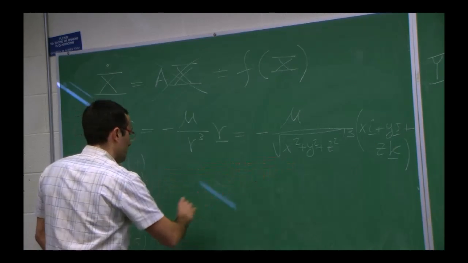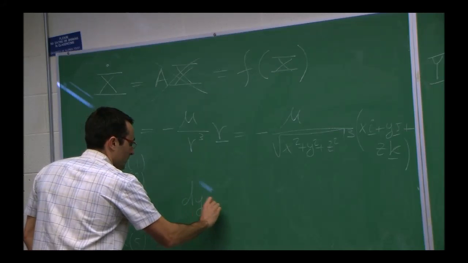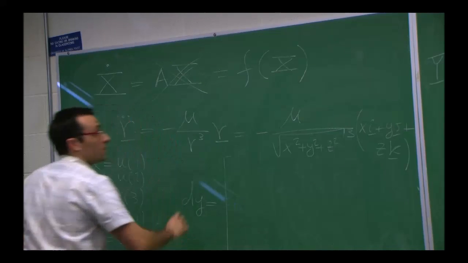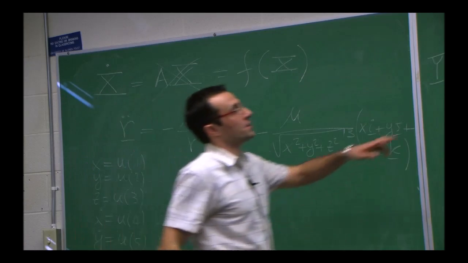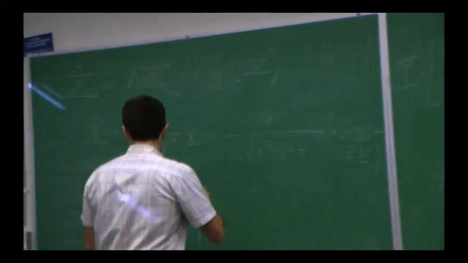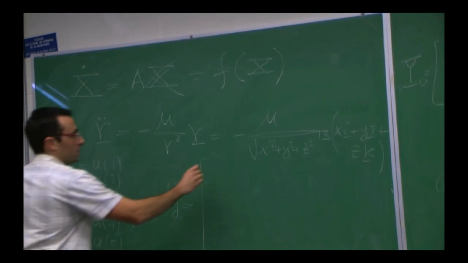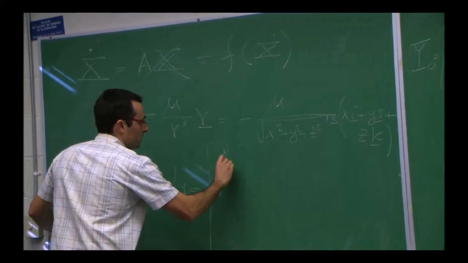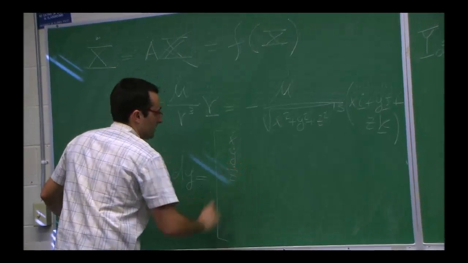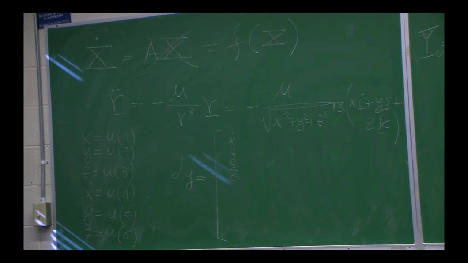The output, what I call dy, is, what do I say here? I say that it's u4, u5, and u6. So from here, it's x dot, y dot, z dot, right? I just take them from the input and move them as the first three components of dy.